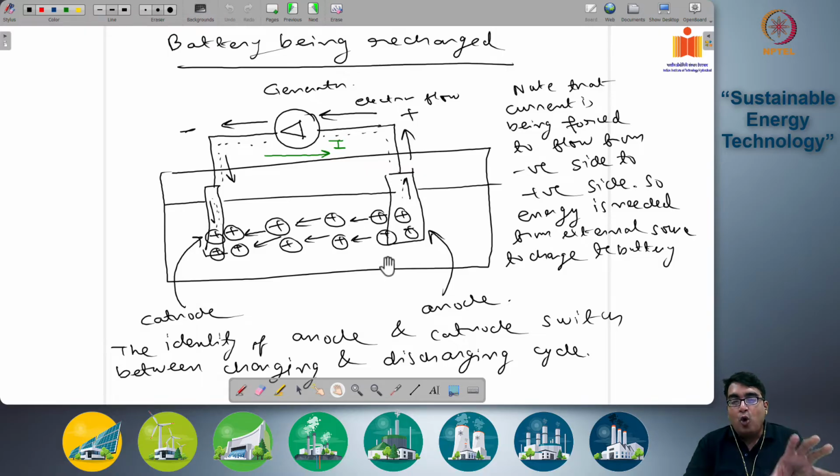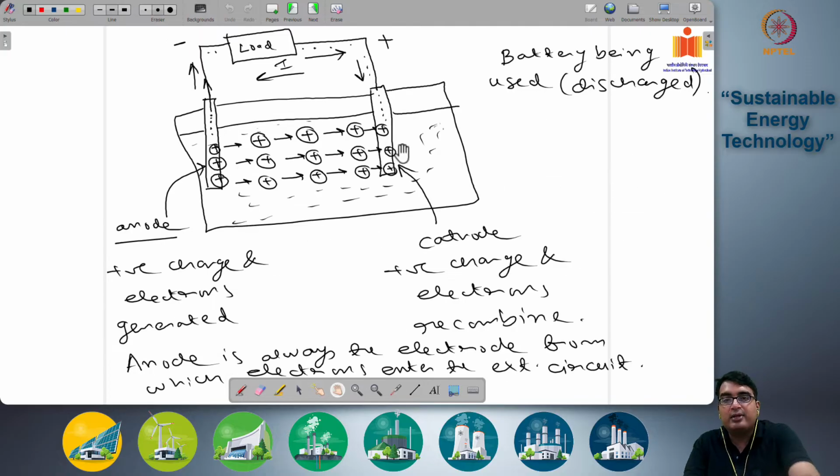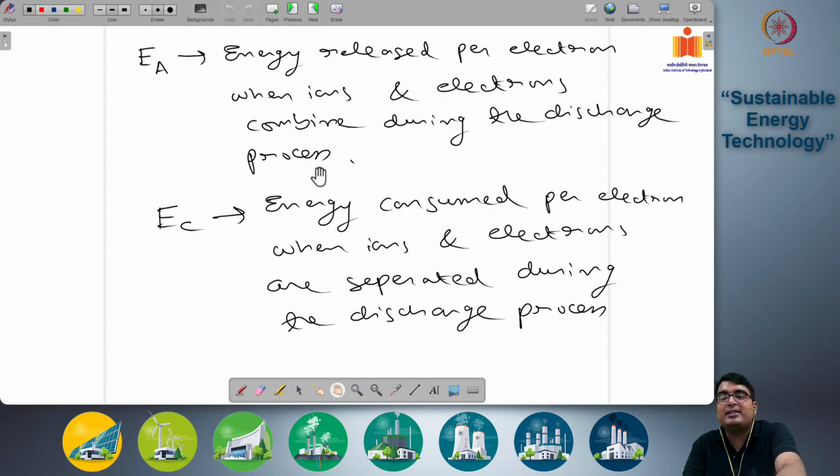So the overall two reactions are consuming energy during the recharge process and releasing energy during the discharge process. And this gives us an idea of how to evaluate the battery's performance.